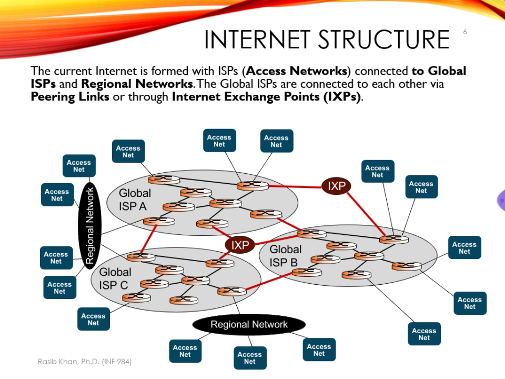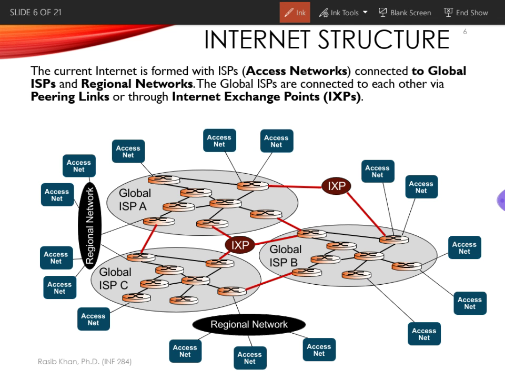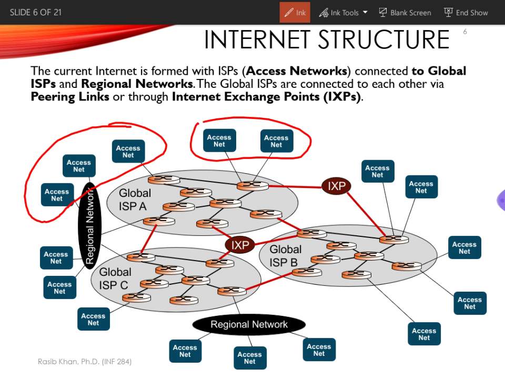So if we look at a simplified model of the internet with what we have seen of the structure so far, the current internet is formed with a lot of these ISPs, which we call access nets, and these are all located in different regions, and they are connected to a network of global scale ISPs.